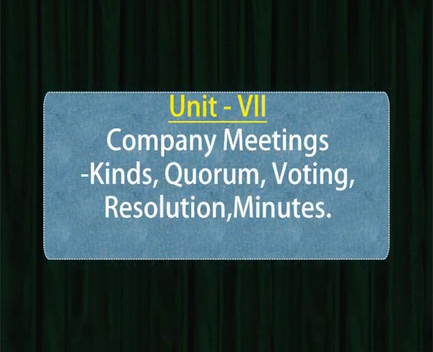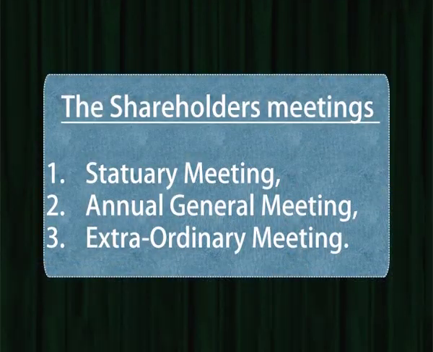Next unit is related with the company meetings, kinds, quorum, voting, resolution and minutes. And when we talk about this unit, we will see how the affairs of the companies are conducted. We will study the types of the meetings. Generally, the shareholder meetings are of 3 types.